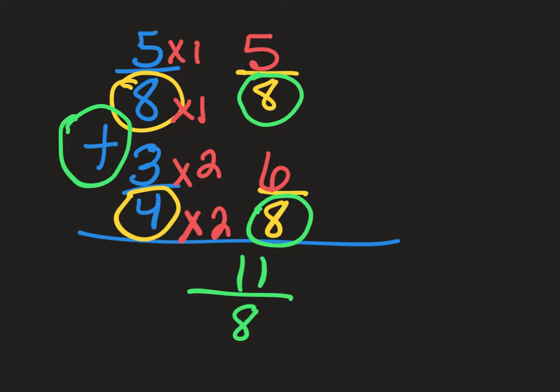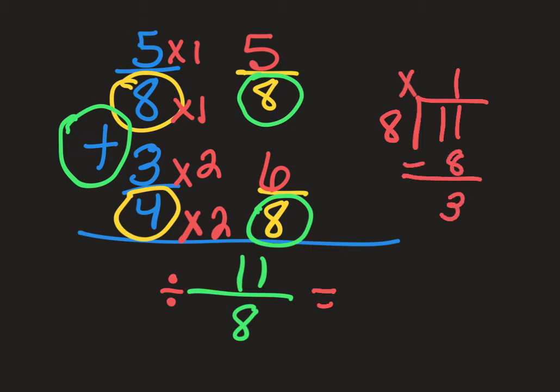Now the first thing I notice when I look at this fraction is that I must simplify it because it's an improper fraction. And I taught you yesterday that you can't leave an improper fraction improper, you must convert it to a mixed number. So remember, the line in the middle means to divide. So I come up here and say 11 divided by 8. 8 will go into 11 one time. 1 times 8 is 8.